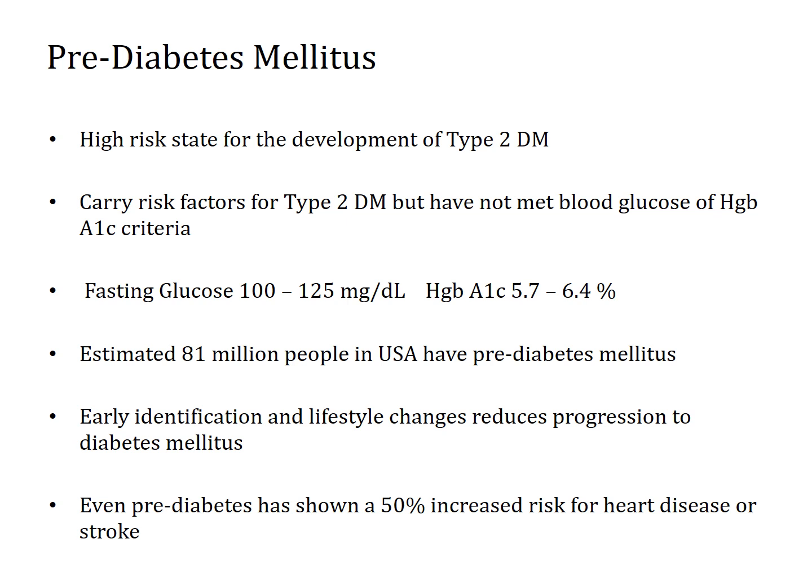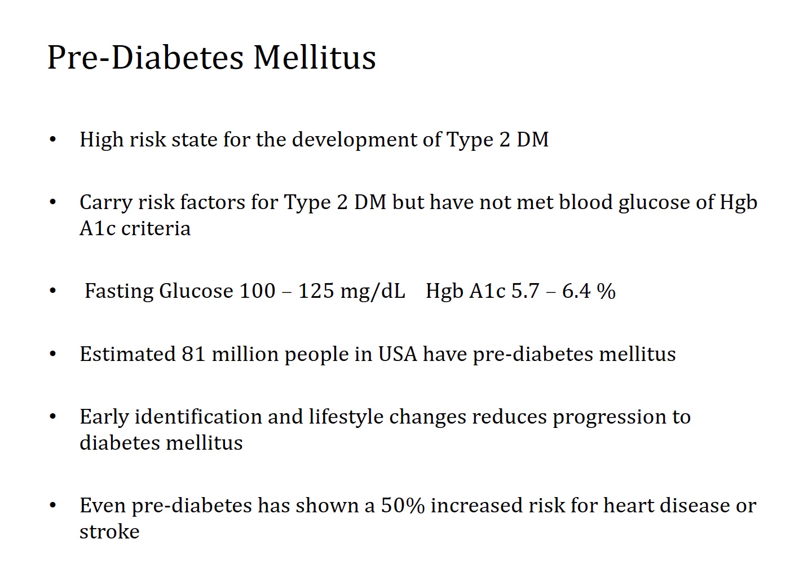It is estimated that over 80 million people in the U.S. have pre-diabetes mellitus. About a third of them are going to progress to type 2 if this is not identified and if they do not make significant lifestyle changes, particularly with respect to weight, physical activity, and diet.